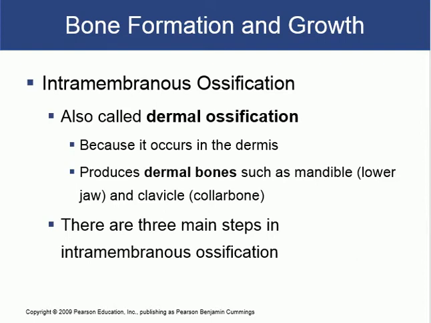The other type is called intramembranous ossification. And by the way, the first type that we just covered, which is endochondral, is the vast majority of the bone. Most of the bone starts as cartilage. Some bones start as a membrane, undergoing dermal ossification or intramembranous ossification.